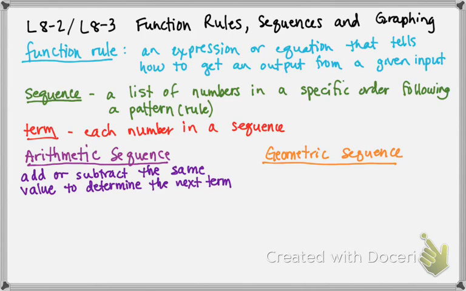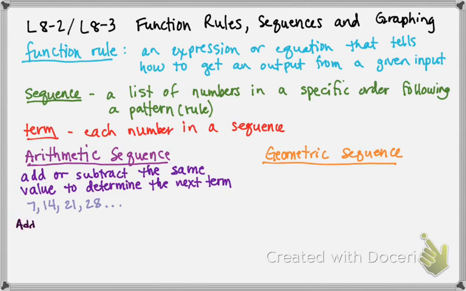So let's do this guy. We have this sequence of numbers, 7, 14, 21, 28, and then more dots. Now, how do I know whether it's adding or subtracting? Here's a clue.